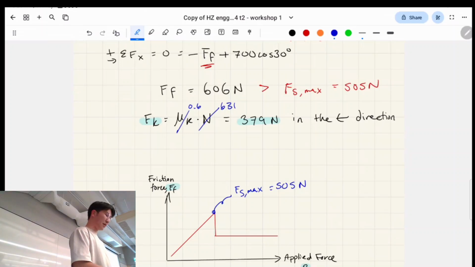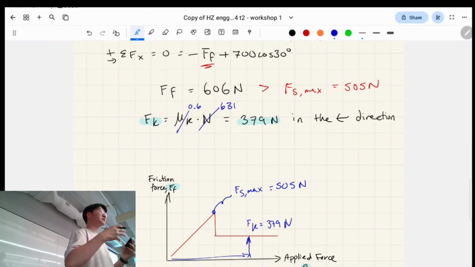Up until that point, nothing will move, and then we'll have this reaction force that counterbalances everything. But where we ended up was over here, okay? Maybe something like here. It had this much applied force, so we ended up here. And the kinetic friction force in this course we assume to be a flat number.